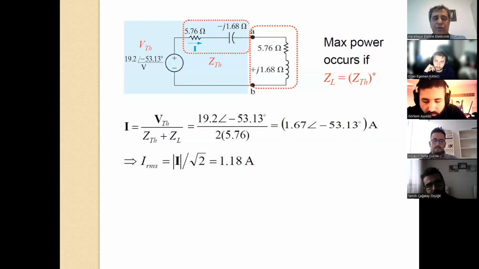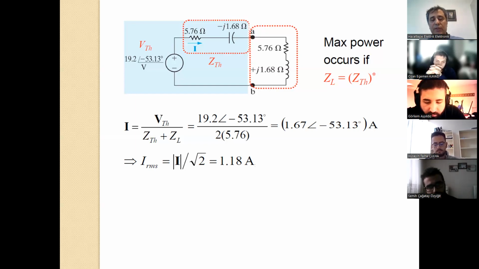What is the magnitude? 1.67. Well, you can convert that to the RMS value if you like. However, you have to use the 1/2 for the power calculations. It is up to you, because you are going to get the square of this value. Either you use the peak value with the 1/2, or you use the RMS value.